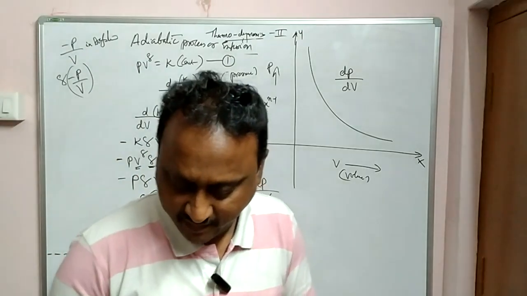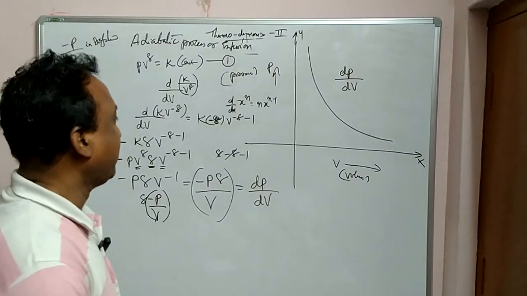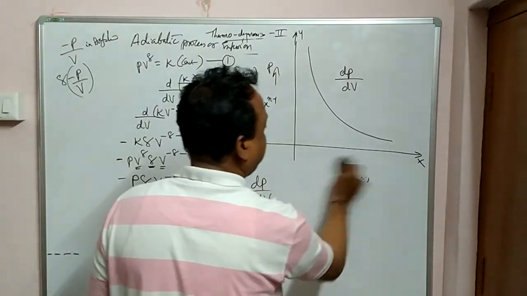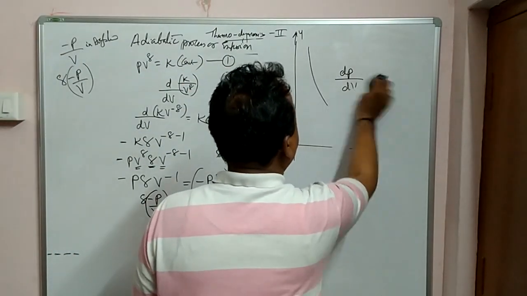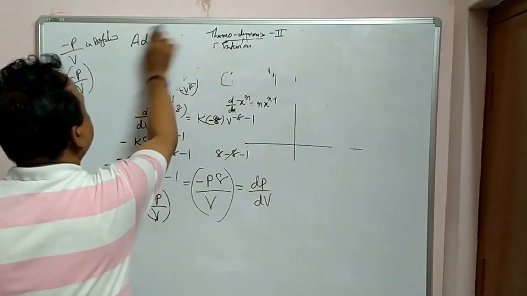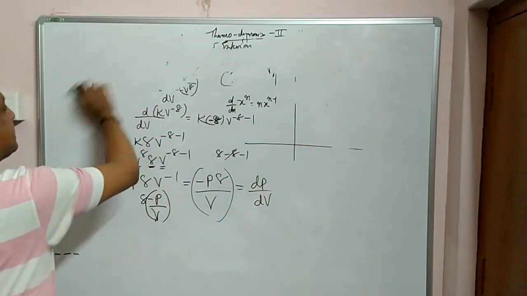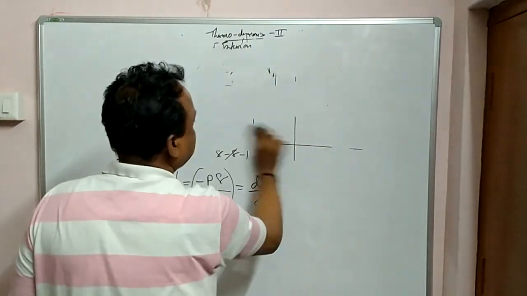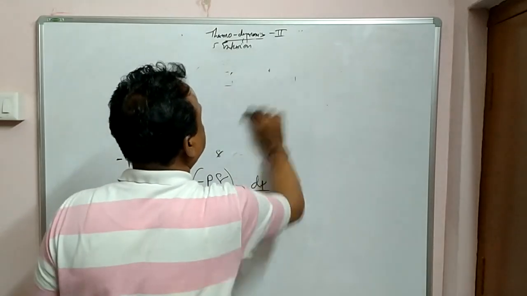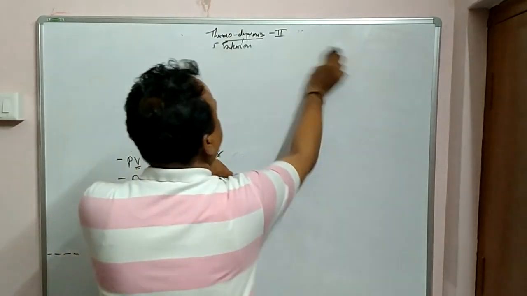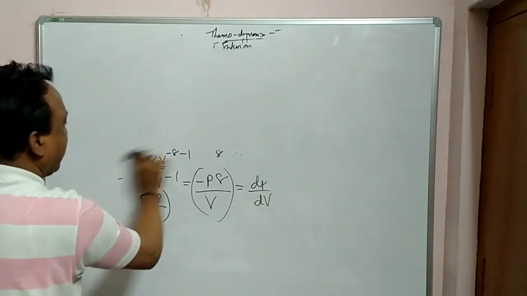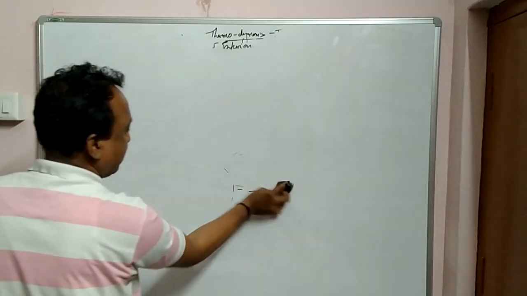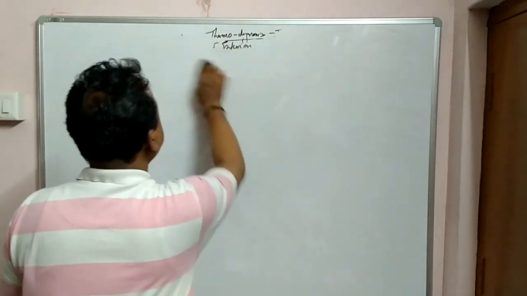This is a very important derivation. In intermediate IP they will be asking, and not only that, in the NEET exam also they are asking. Please note down. Now let us go to different equations in this adiabatic process. Sometimes 2 marks, or also 4 marks, they are asking how to get those equations in different ways in adiabatic.